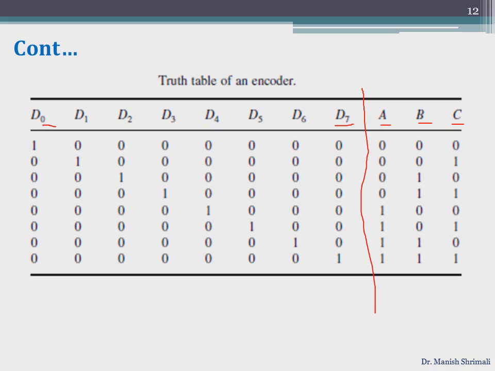These are the inputs, D0 to D7, and A, B and C are the outputs. Now the circuit diagram will make it more clear.